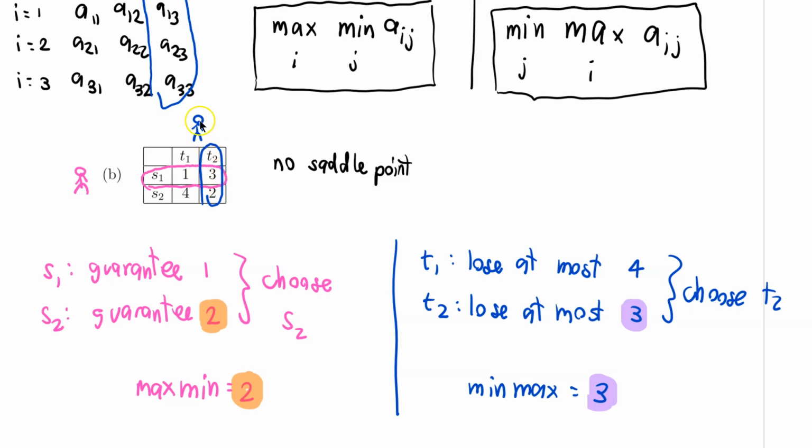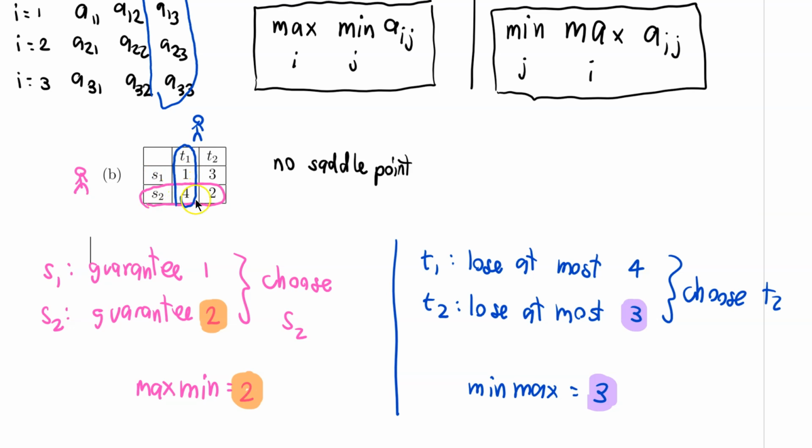But now Bob knows that Alice is going to change her mind and choose f1. So he can see that, well, why should he play t2 then? Because that's going to lose him $3. He should instead choose t1, and now he's only going to lose $1. And because Alice is also smart, she knows that Bob is going to change his mind. So she says that if Bob is going to choose t1, then she should actually choose f2, because why should she choose f1? That's only going to give her $1.